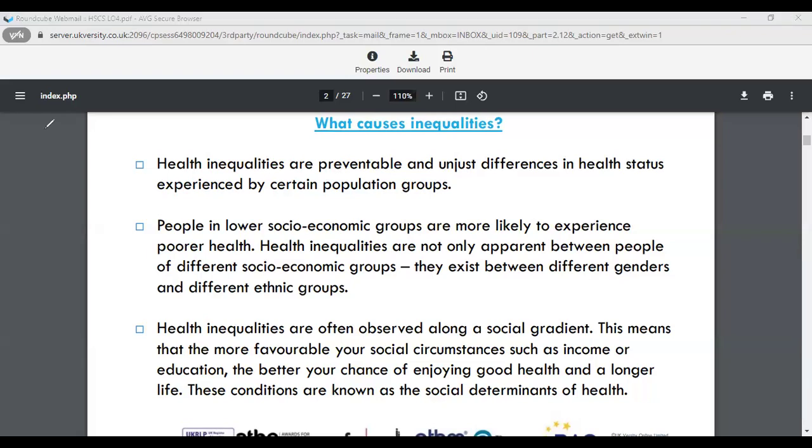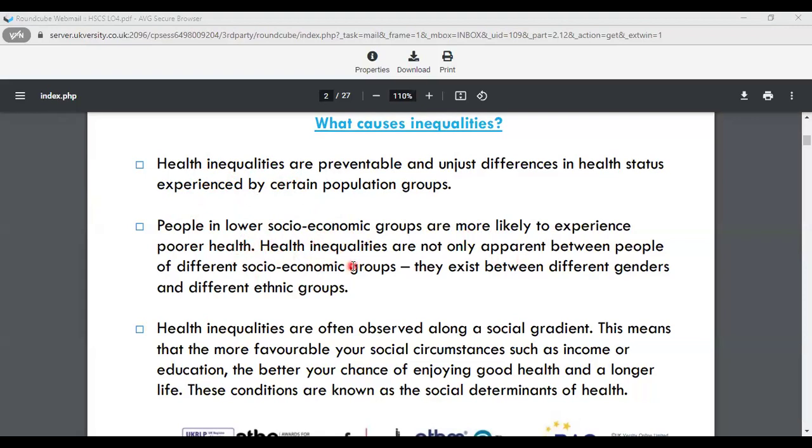There's a high socioeconomic group within the country. So the divide is really clear. There are some people who can barely make ends meet. They are the ones within the lower socioeconomic groups, and they're more likely to experience poorer health.